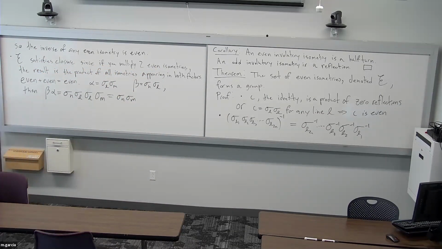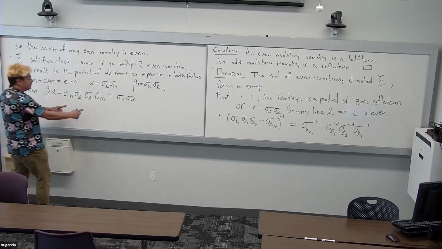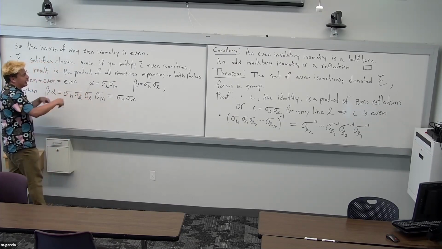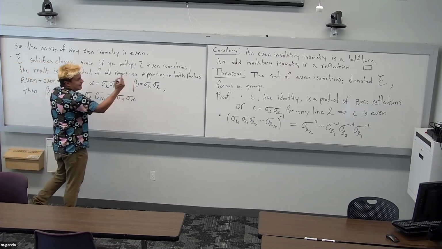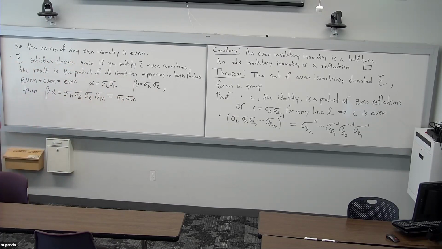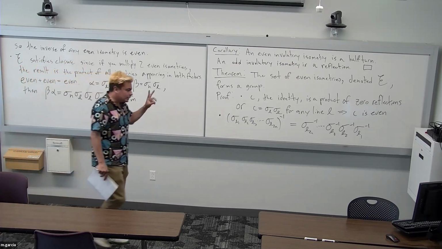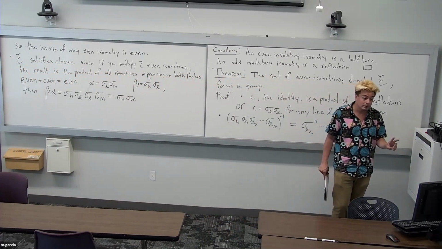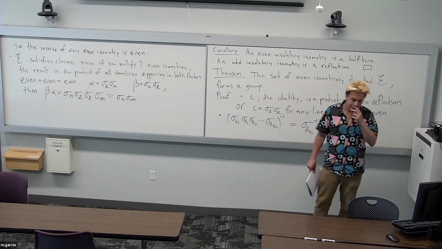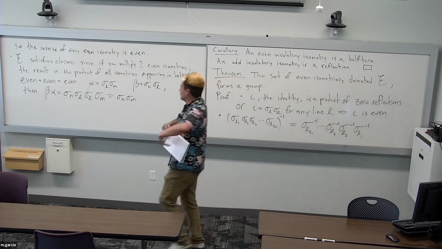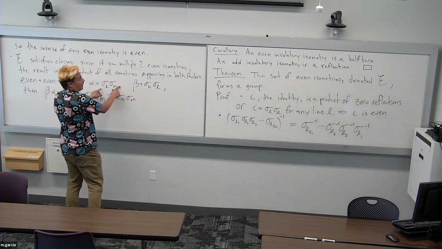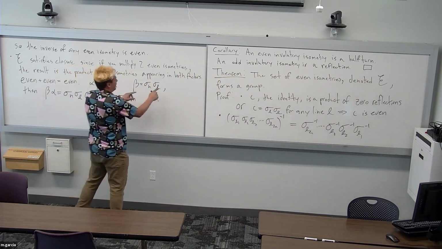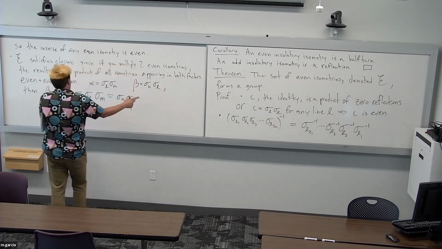So in other words, I had some cancellation here when I multiplied together these two arbitrary even isometries, but the only way you have cancellation is if you take out two terms at a time. So you'll still be even, okay? I have an even number of reflections here, and an even number here.